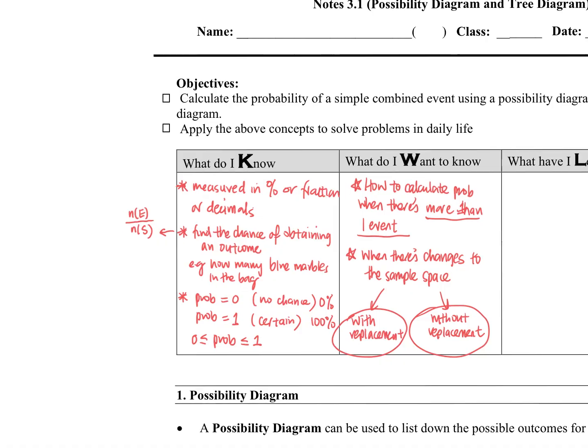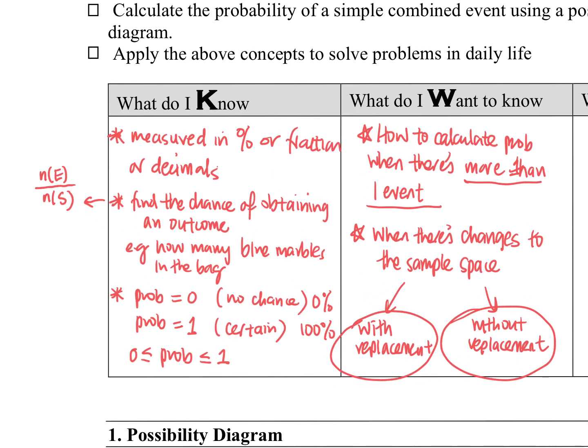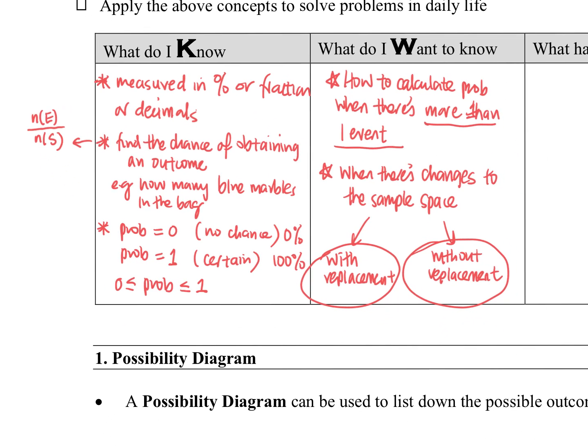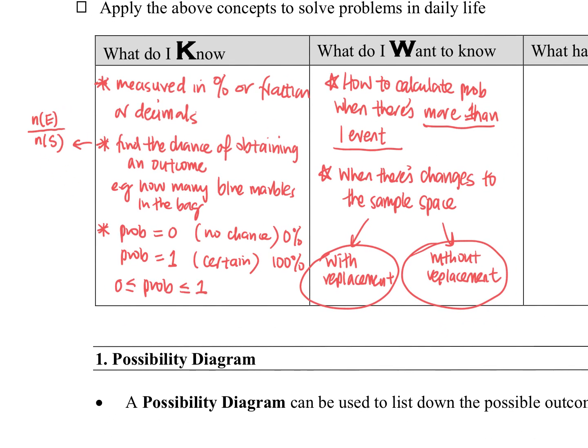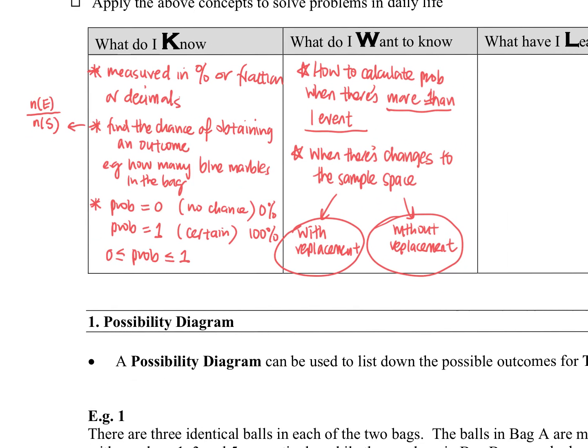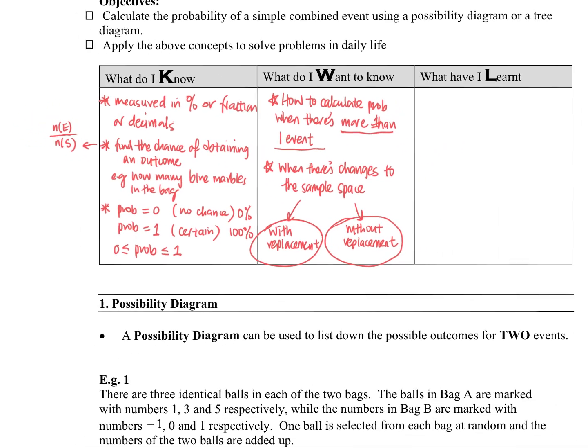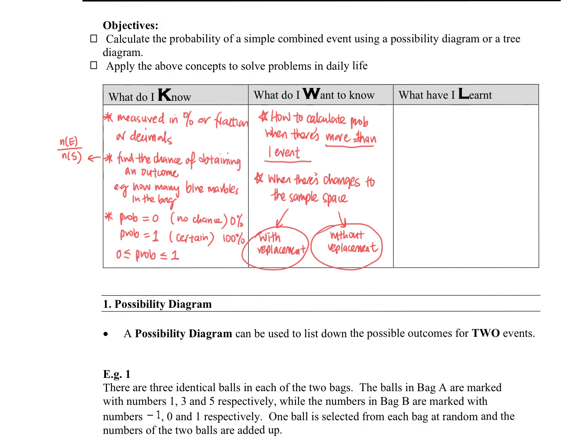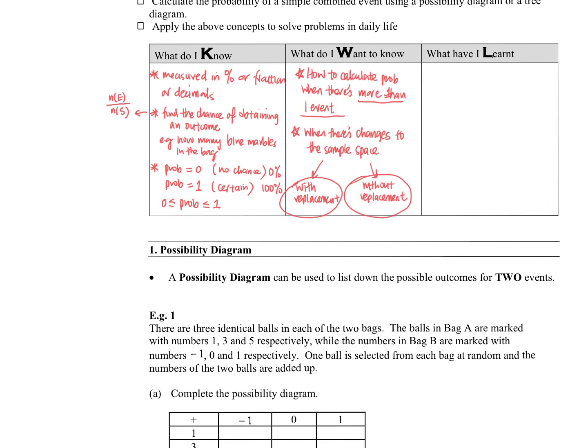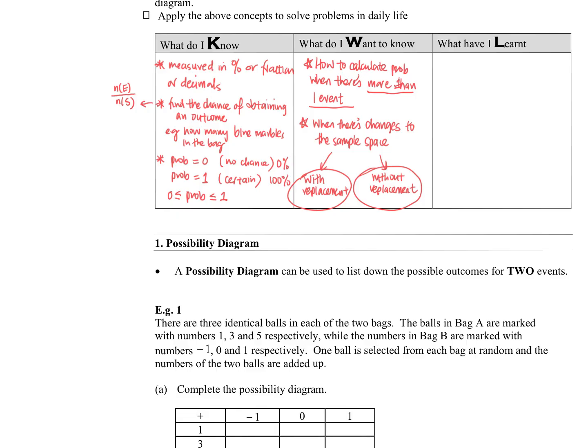Okay, we haven't learned these yet, but these are the things that you are expecting in the chapter. Let's learn the very first one, possibility diagram. Like the word suggests, it is used to list the possible outcomes for 2 events. That means if 2 things happen at the same time, how do I list out all my outcomes? For example, I have 3 identical balls in each of the 2 bags.